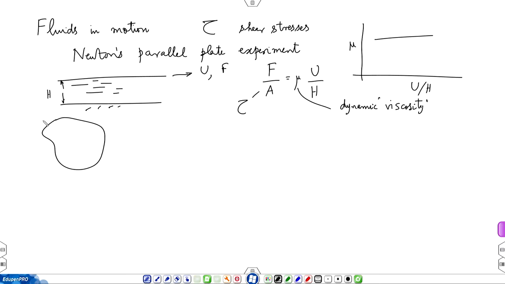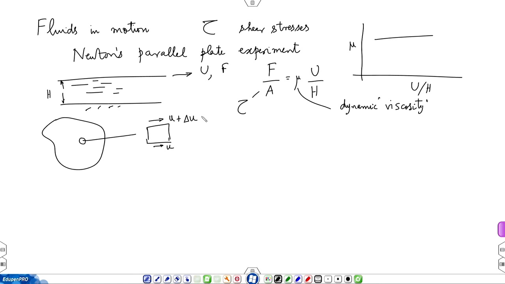Okay. So the lower velocity, so if you just look at a small element, this phase may have a velocity component u along that phase, and then the top phase will have some velocity u plus delta u.